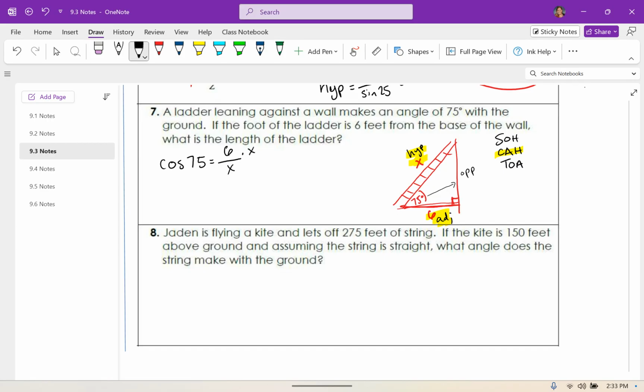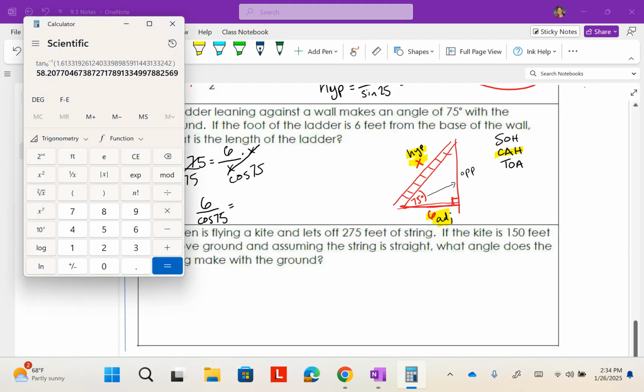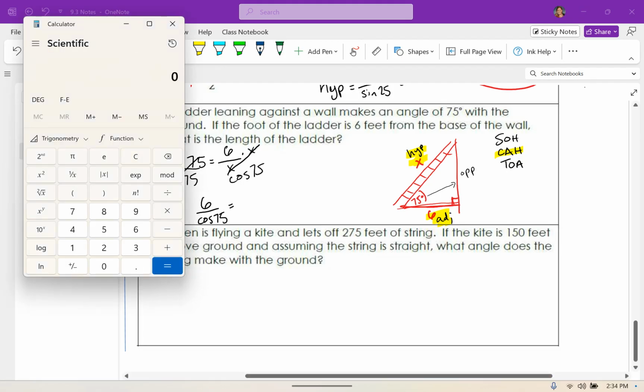So times by x, divide by cosine of 75. So x equals 6 divided by cosine of 75. Okay, 6 divided by cosine of 75 equals 23.1.